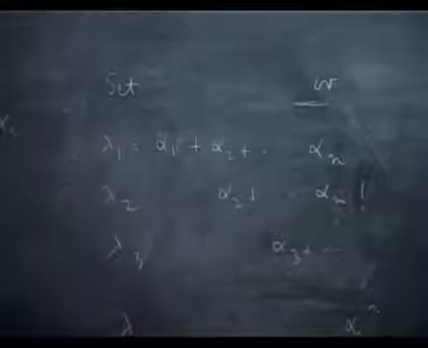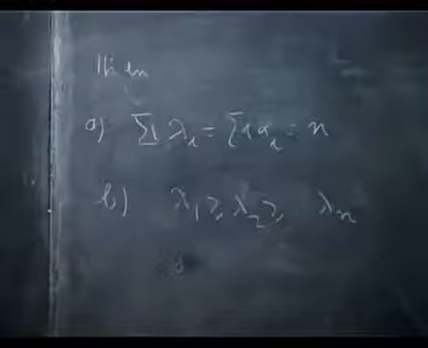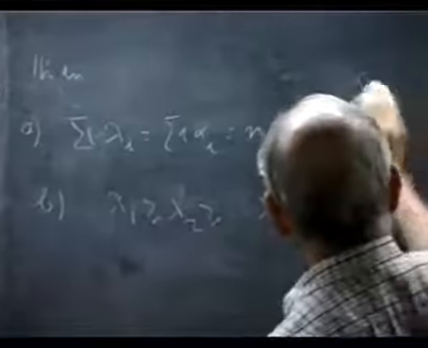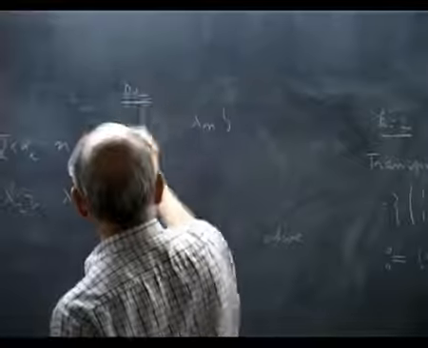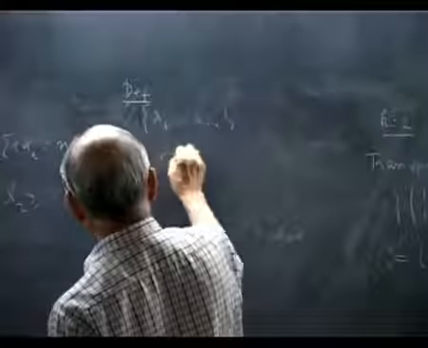So the lambdas characterize the cycle structure of a permutation. This set here, by definition, is a partition of n.